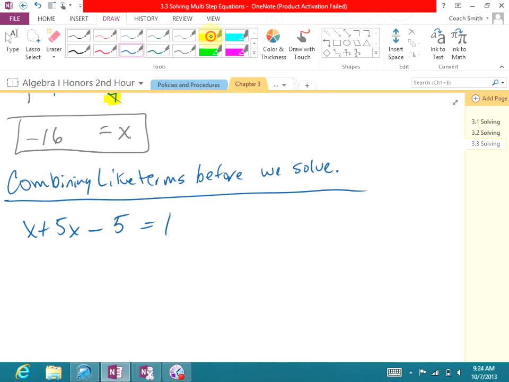So I'm going to put those two things together because they are the same. So if I have 5x and then I put another x with it, how many x's do I have? 6 x's. So I have 6x minus 5 equal 1.